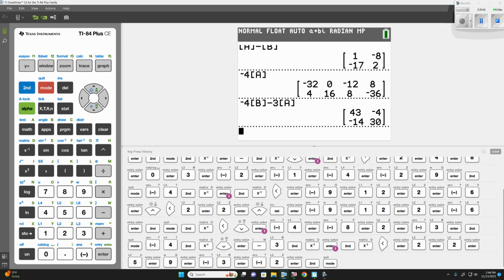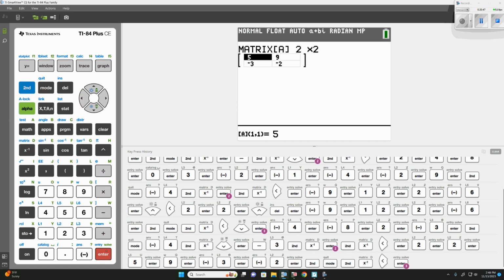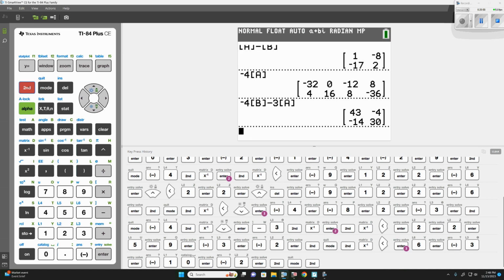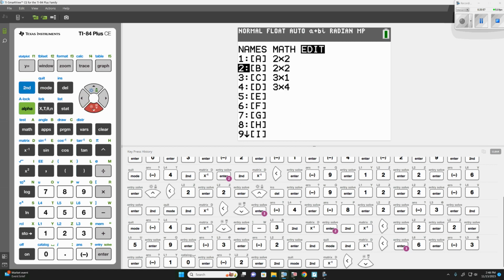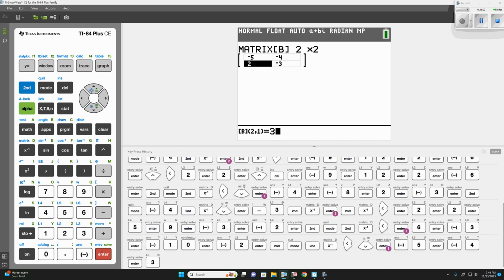Sorry, I was looking at the next one. Let me fix that. Second matrix, edit, 2 by 2. 6, negative 3, negative 10, negative 2. There we go. Second, quit. Second matrix, matrix B, 2 by 2. Negative 5, negative 4, 3, 3.